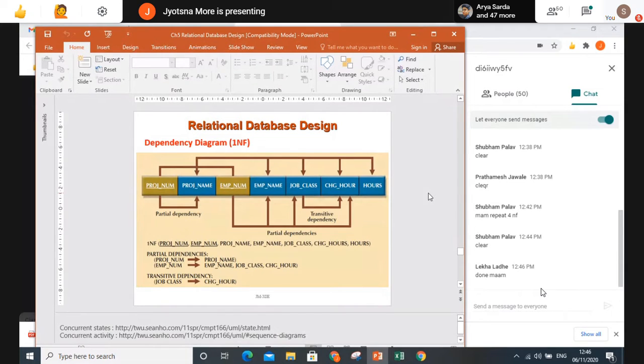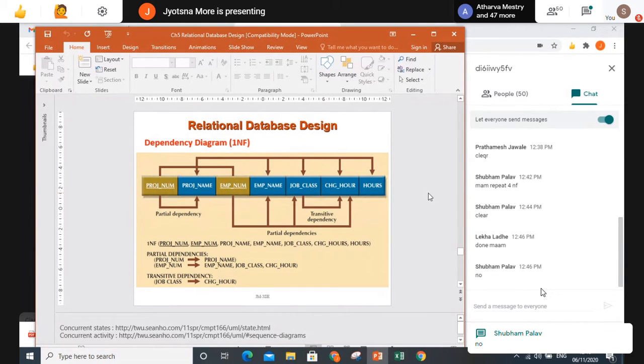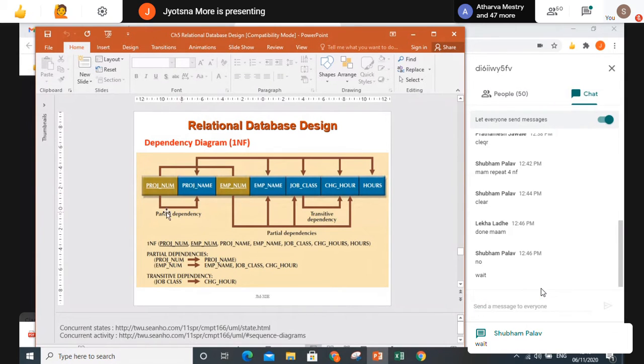Shall I go ahead? Okay. Don't write down these wordings. Only the diagram with the arrows which are given. And do the arrows properly.